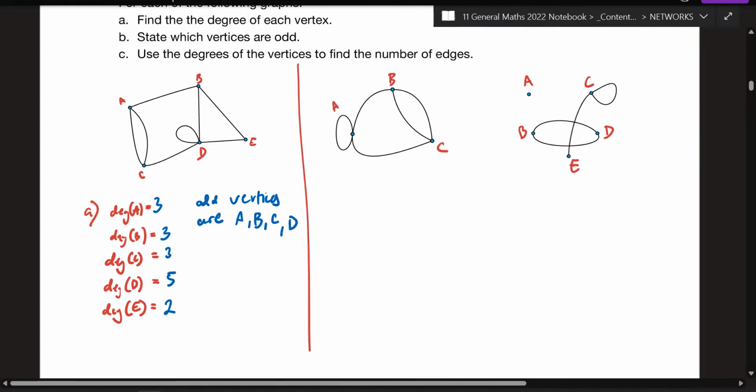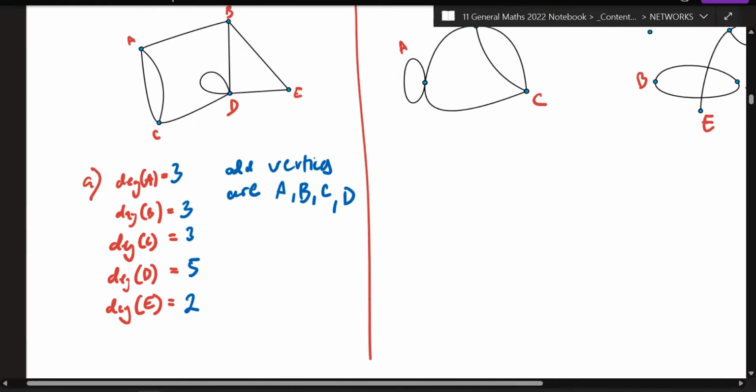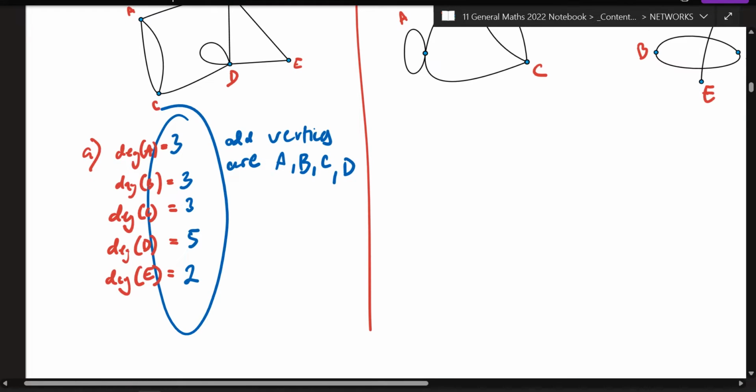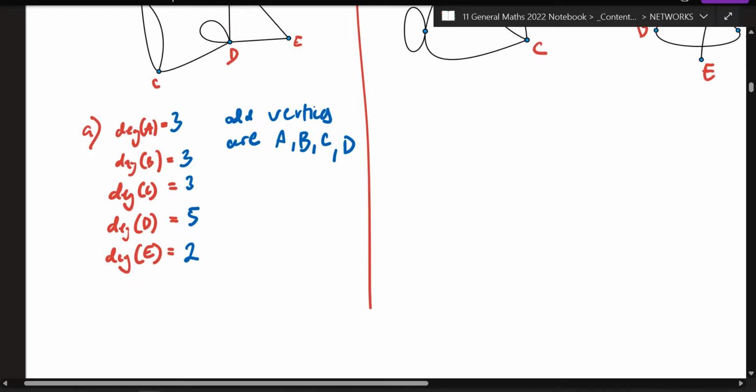I got 18 for the first one, but I don't know what I did wrong. What do you mean, the sum? Well, remember the sum is all of this times 2. So let's work that out.